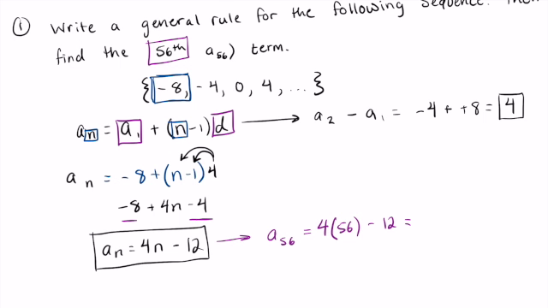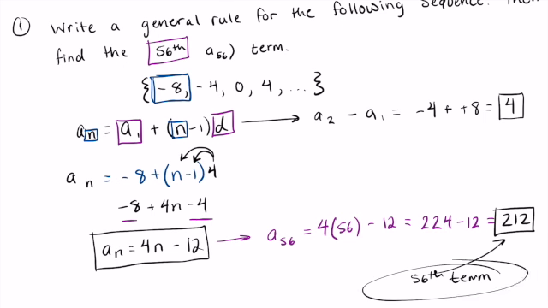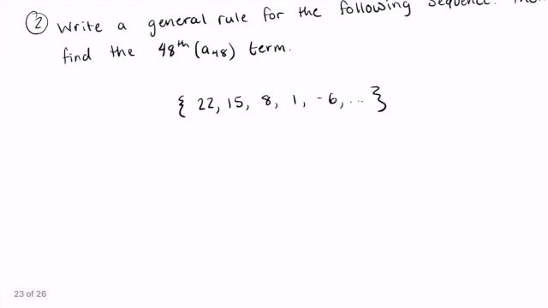When I simplify this out, 4 times 56 gives 224, minus 12, which gives me 212 as my 56th term. And that's it. That is how we apply our arithmetic sequence formula to give us a specific term number. So let's try one more of these.